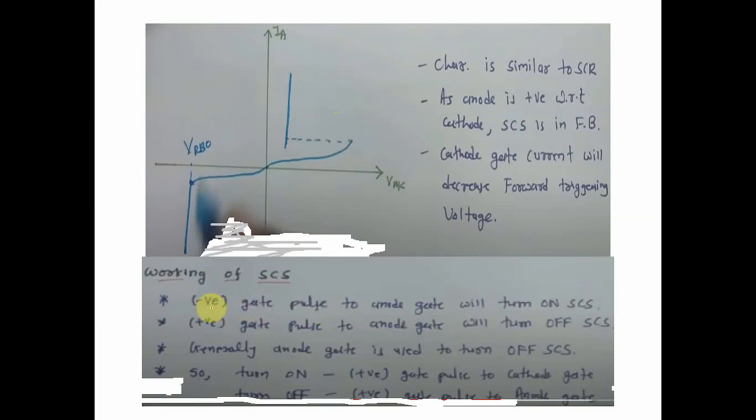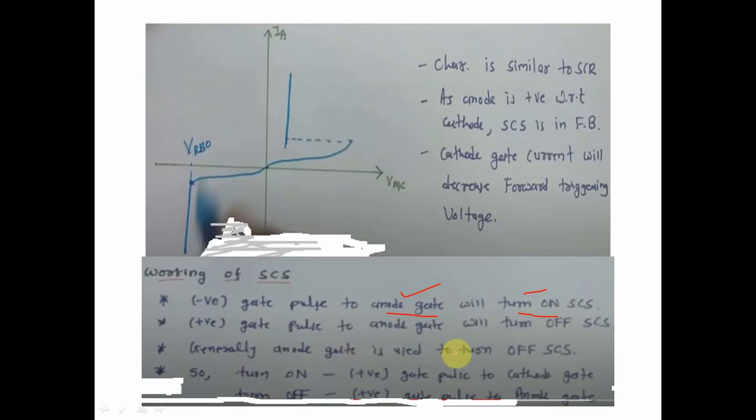If we apply a negative gate pulse to the anode gate, then SCS will be turned on. By applying negative gate pulses to the anode gate, SCS will be turned on. Remember it.